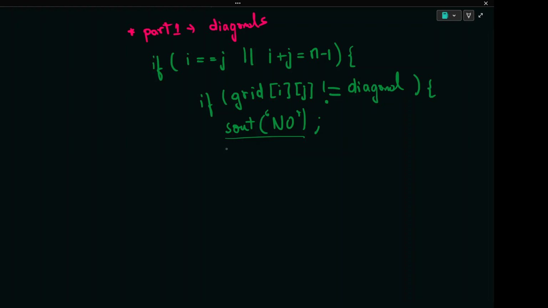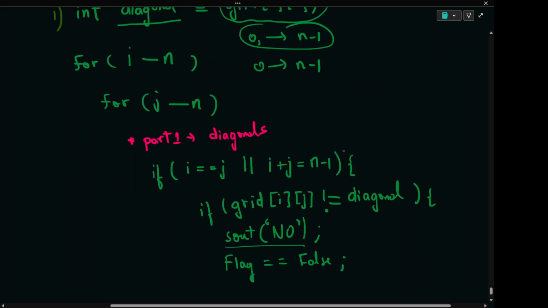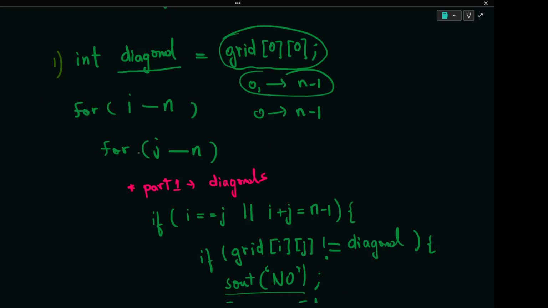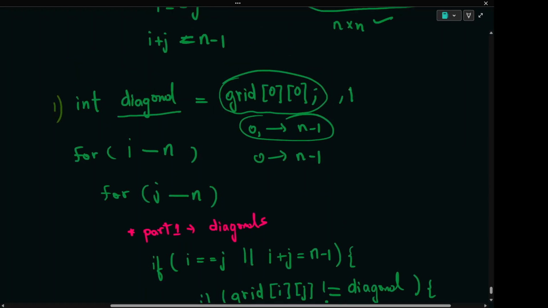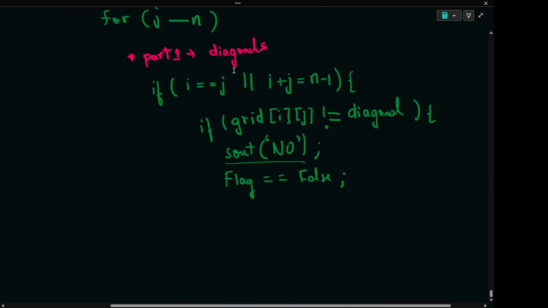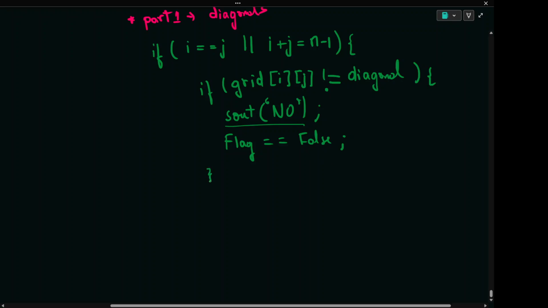So we'll print no, and we'll have some kind of variable flag. Initially flag will be true, so here we say flag is equal to true. Correct. Now we'll just set it to false. I'll come to how we handle this later.